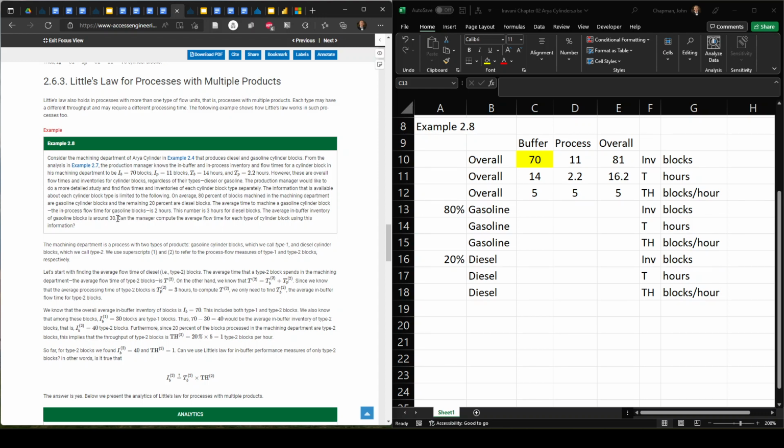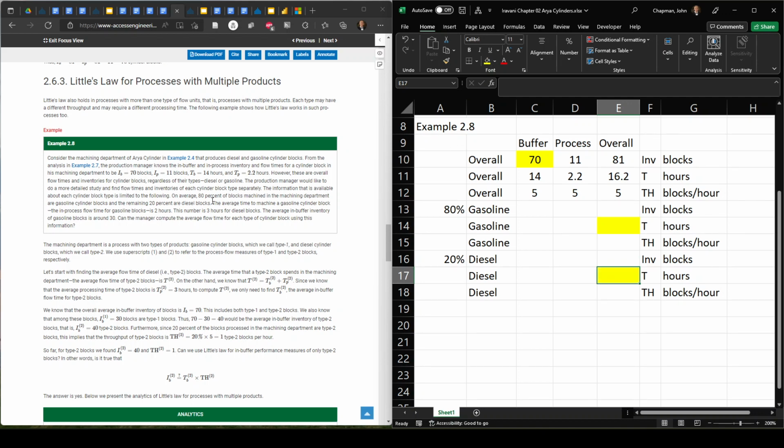Let's see, at the very end the question is, can the manager compute the average flow time for each type of cinder block using this information? So what we're doing is we're looking at flow time for each type of block. So we want the flow time here, and we want the flow time here. That's where we're going. So how do we get there?